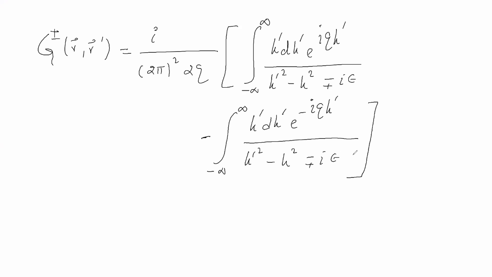Tomorrow I will use Cauchy's integral formula to solve this expression, and my request would be to go back to Cauchy's integral formula and see how we solve such types of integration.